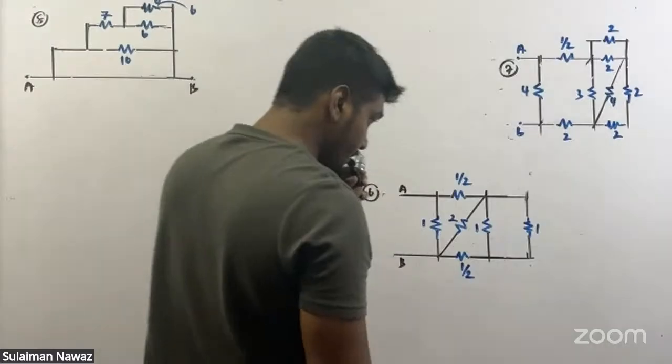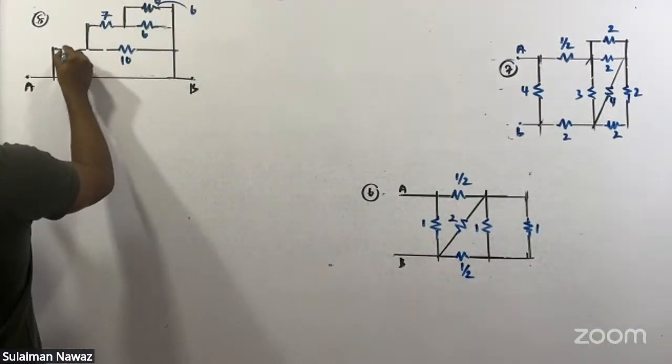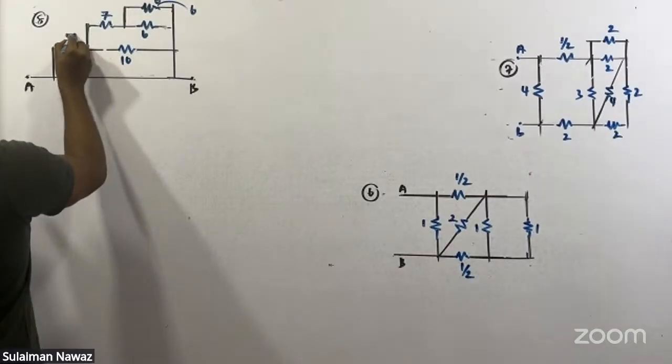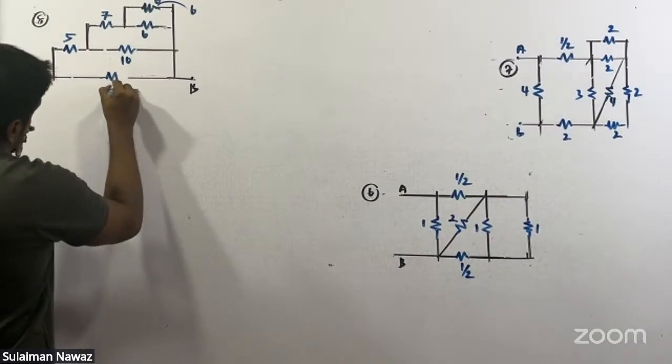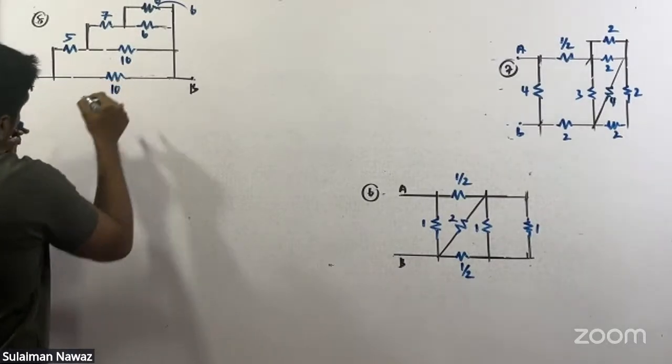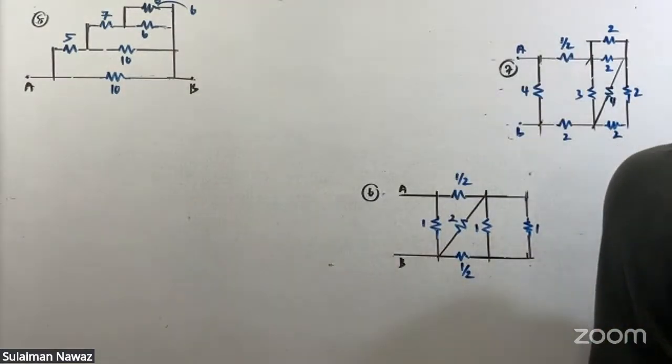This is going to be 5. This is going to be 10. Find the equivalent. The next one.